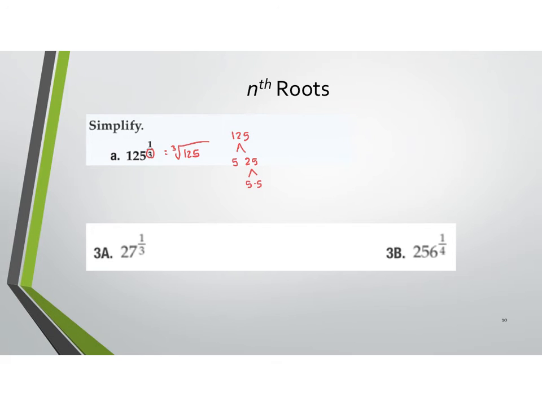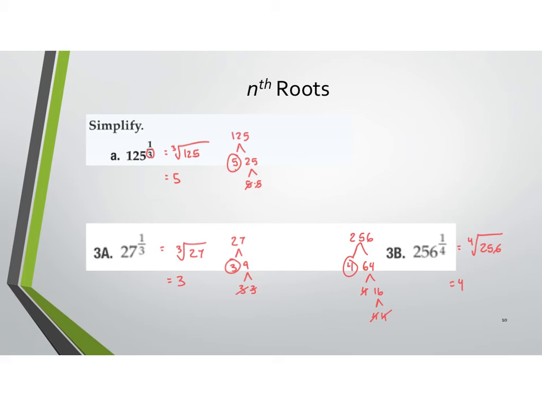I'm looking for a term that repeats 3 times, and in this case, 1, 2, 3, 5 repeats 3 times. So I'm going to circle the first one, and the other 2 go away. My answer is 5. You guys go ahead and try the bottom 2, rewrite it in radical form, and then simplify. And here are your answers.